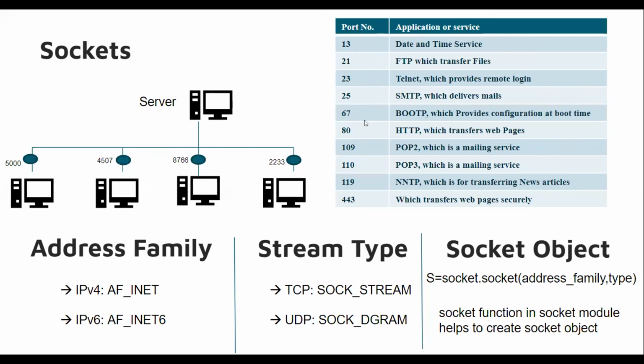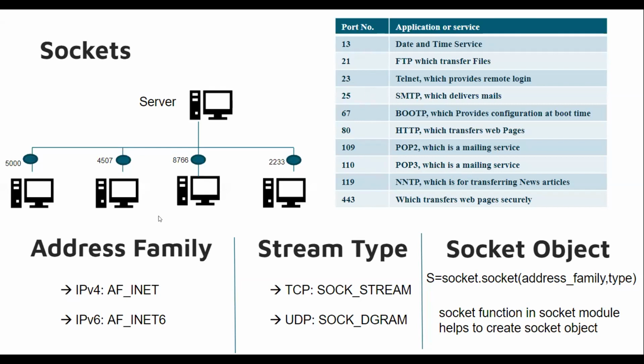Similarly, I cannot use the numbers from 0 to 1023. These 1024 ports are already reserved. You can assign port numbers from 1025 and so on. So these are some of the port numbers whose applications or services I have listed in front of you.